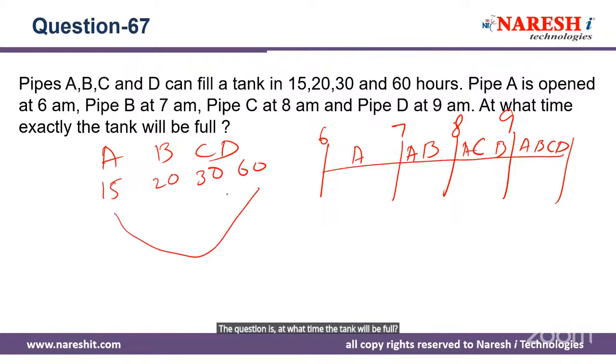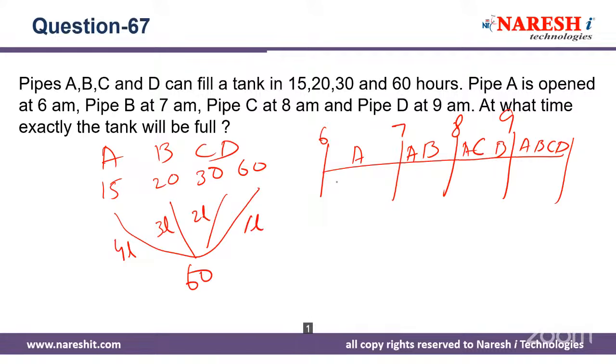First, take the LCM for all four pipes, 60. Efficiency of each pipe: 4 liters, 3 liters, 2 liters, 1 liter. From 6 to 7, in this 1 hour, A can fill 4 liters.